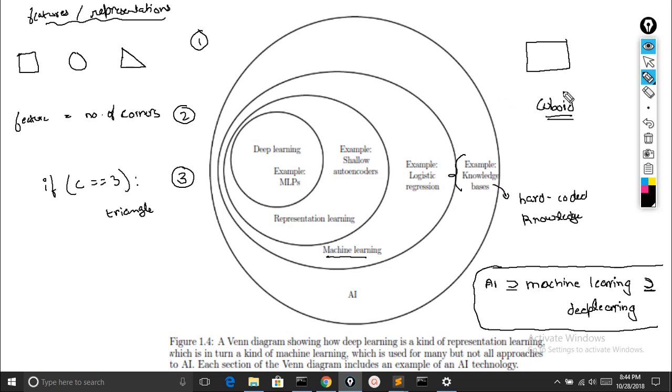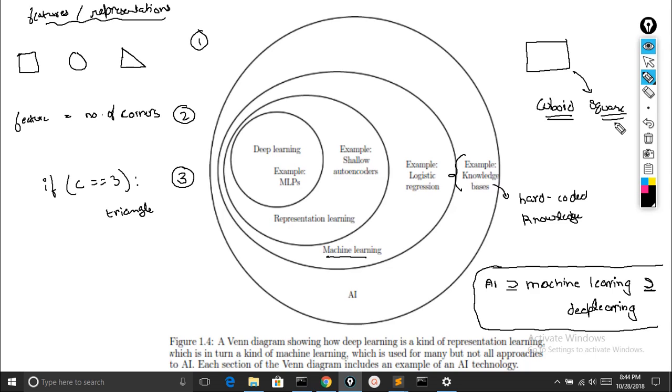So that means this should be a square. So what we have to do is look for a new feature that can differentiate between 2D and 3D. This feature designing, feature engineering, is a lot more difficult task to do.